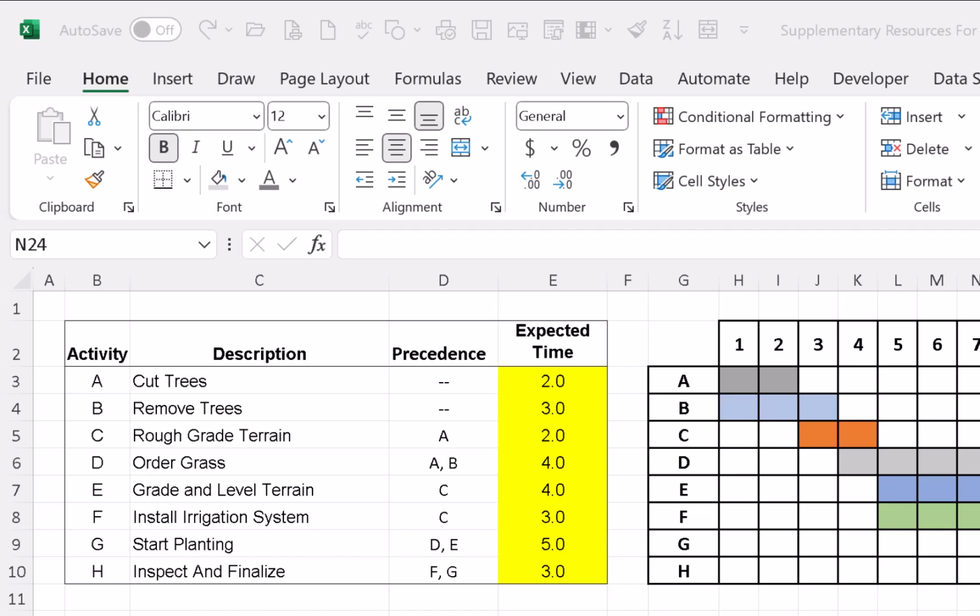And likewise, D depends on B and A. However, B is longer than A, so activity D cannot begin till the longest of the A or B activities have been done.